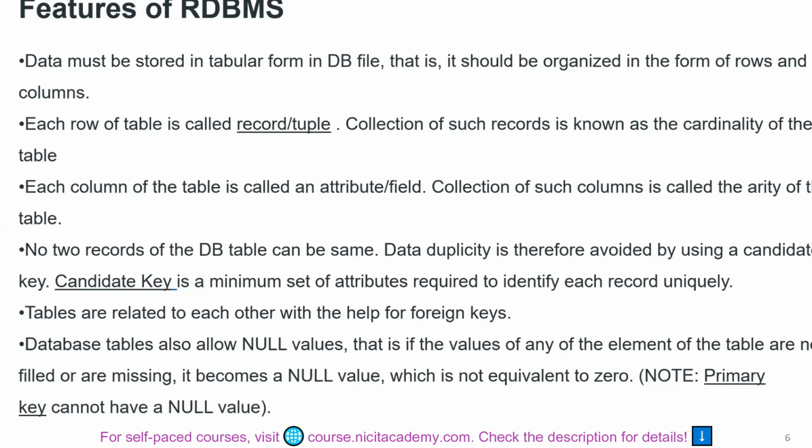So for analytical purposes, we require some sort of tool which can understand structured, unstructured, or semi-structured data. We'll talk about the kinds of data available nowadays which have to be worked upon, and we should have a tool which can consolidate these kinds of data together and create meaningful insights. So this is where Databricks comes in.